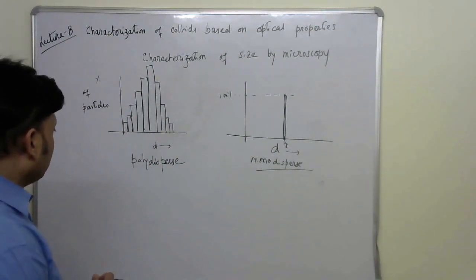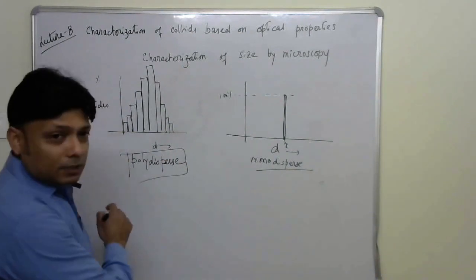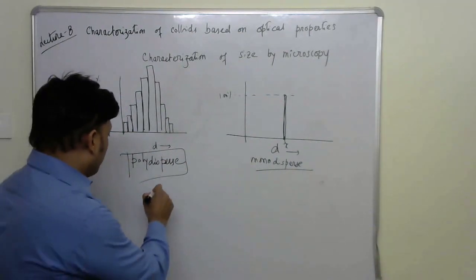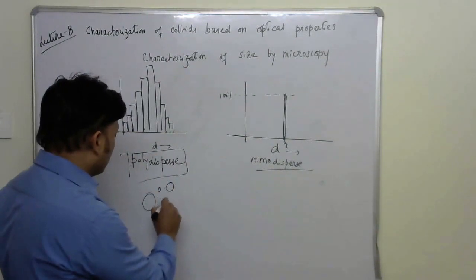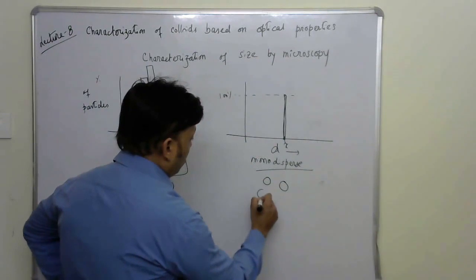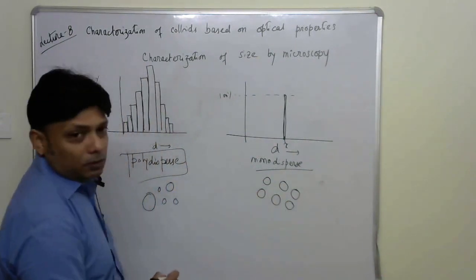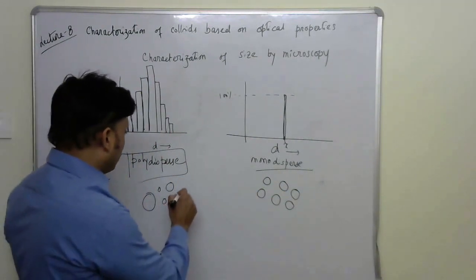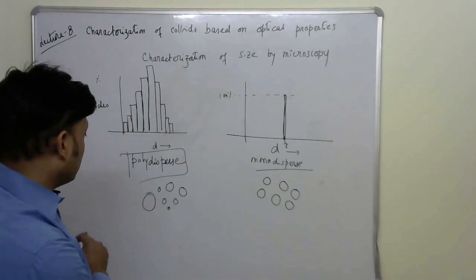So where does polydispersity arise from? One reason is that we can have different sizes of particles like this, but as opposed to that, in monodisperse, all the particles are of the same size. This is the ideal situation. But this is the non-ideal one, where different particles have different sizes and we have a distribution of sizes.